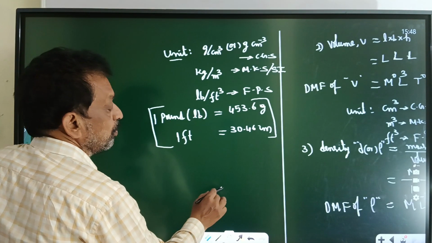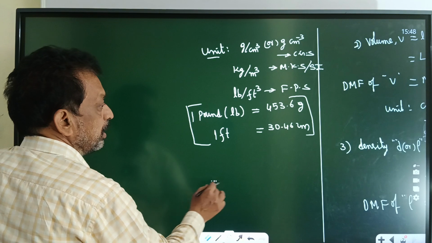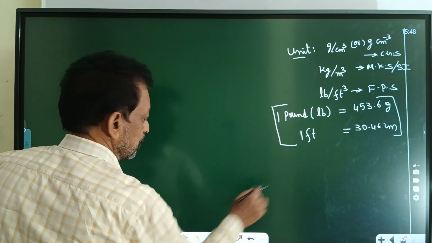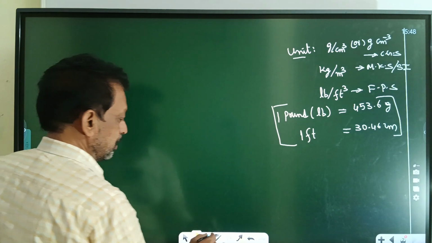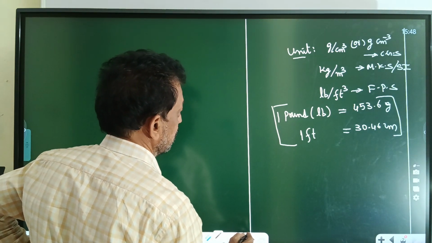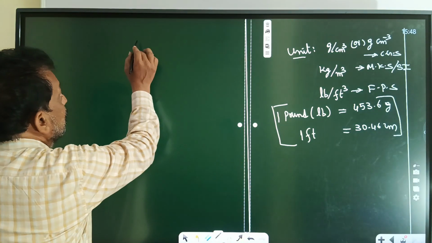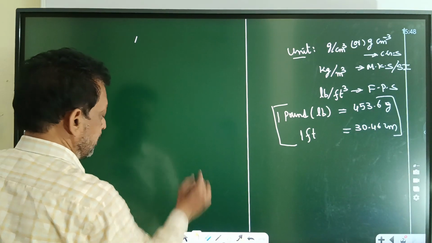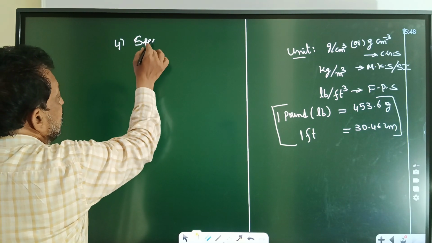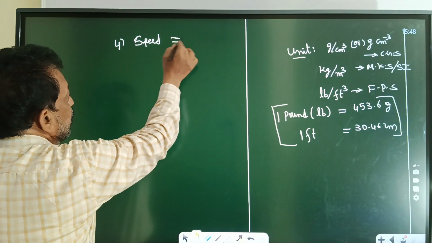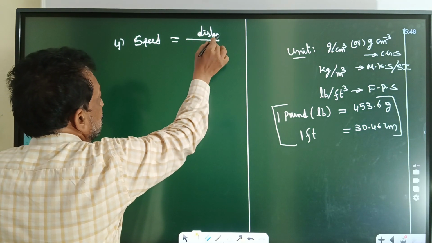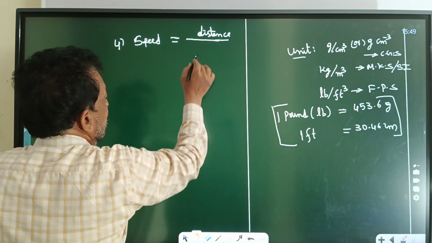Now, density is over. Next you write speed. Speed is equal to distance by time.